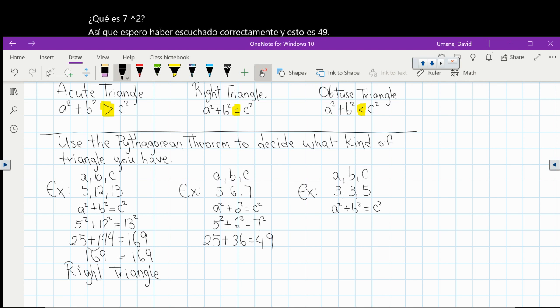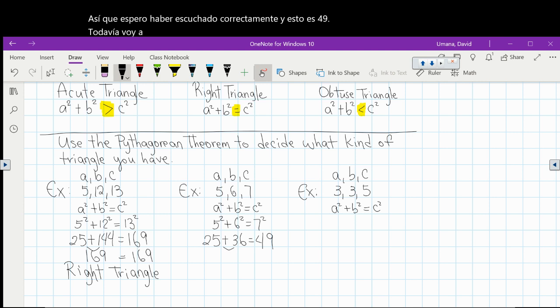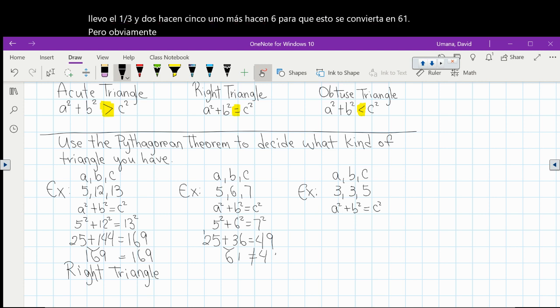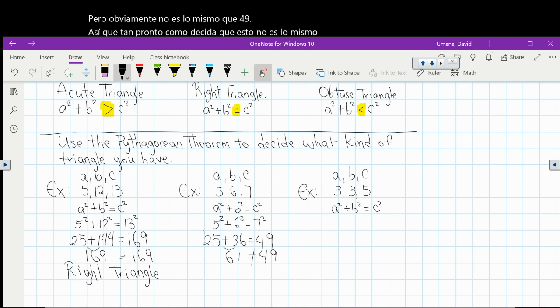I'm still going to add together. That doesn't change. So when I add together, I have 6 and 5 make 11. So I carry the 1. 3 and 2 make 5. 1 more makes 6. So this becomes 61. But it's obviously not the same as 49. So as soon as I decide this is not the same as 49, which symbol is it? Is it greater than or is it less than? So we start from left to right.